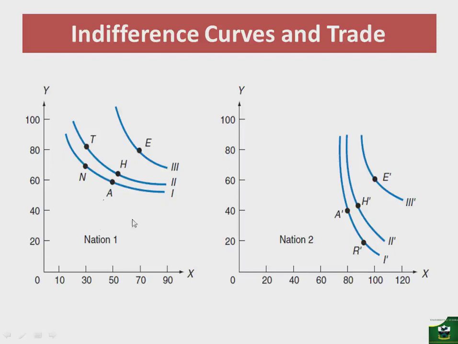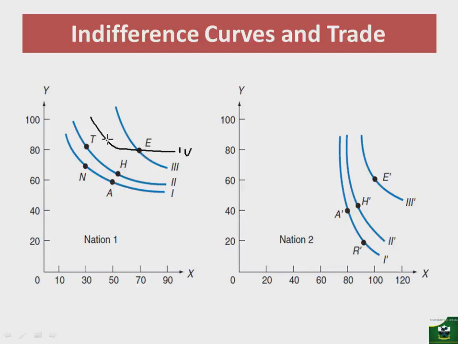Okay, so this is the structure, and therefore we are also saying that they should never cross, because let's make an assumption here. Suppose that we had another indifference curve here, which we can call indifference curve 4, so I4.